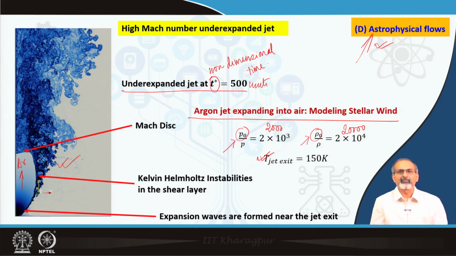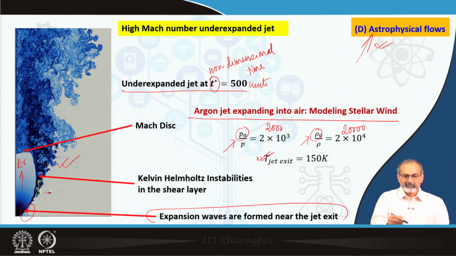If you look at some broad features of the flow field, if you zoom deeply, though in this view it is not so evident, expansion waves are formed near the jet exit because of the under expansion.